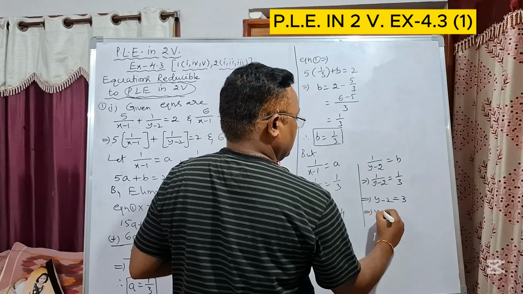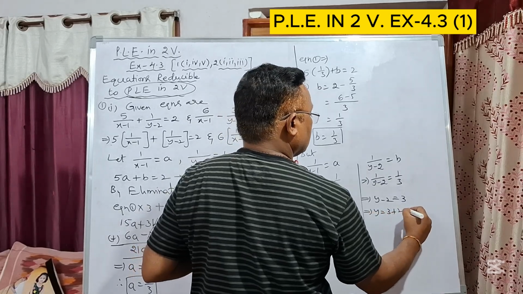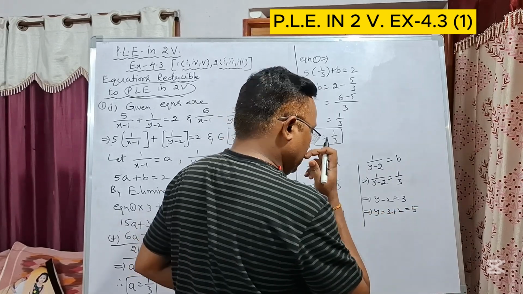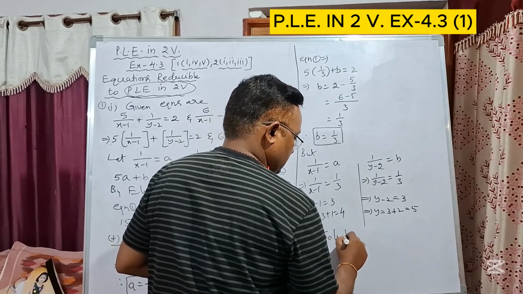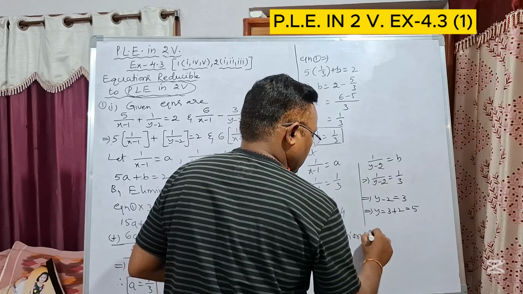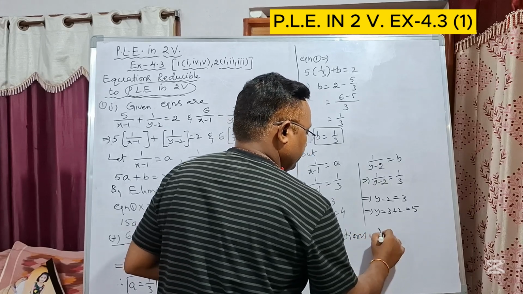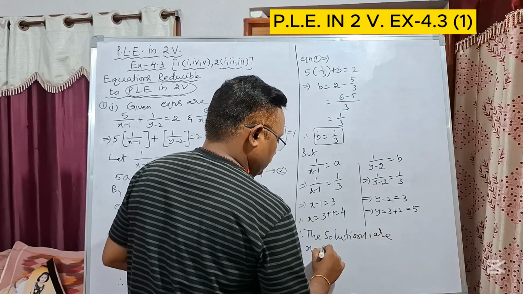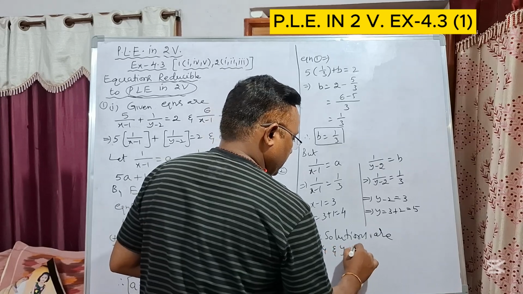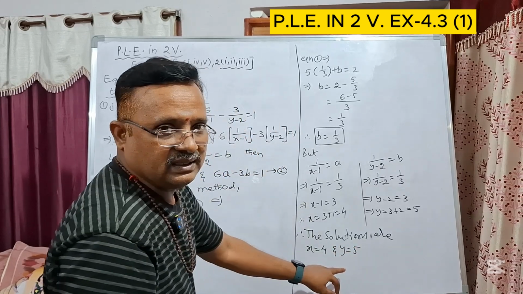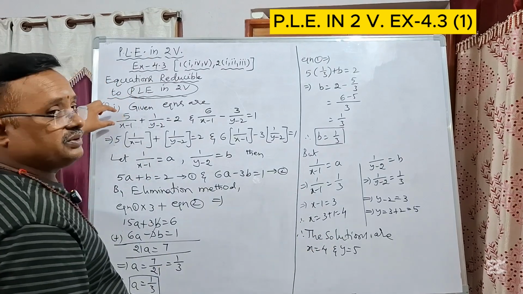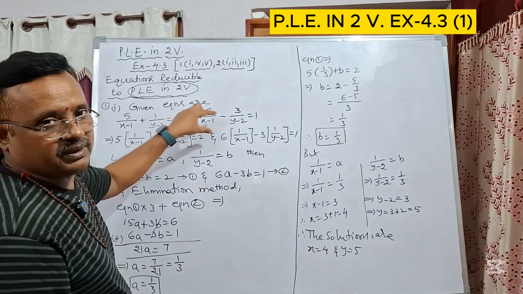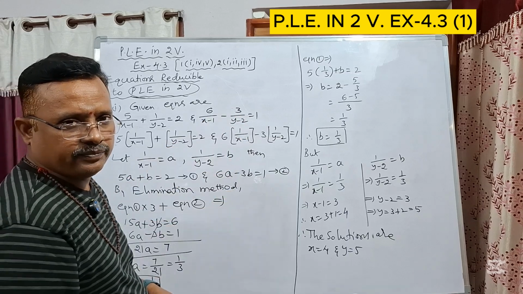By this, y is equal to 3 plus 2, that equals 5. Clear? Therefore, the solutions are x equal to 4 and y equal to 5, because these are the actual two variables in the original equations. Got it?